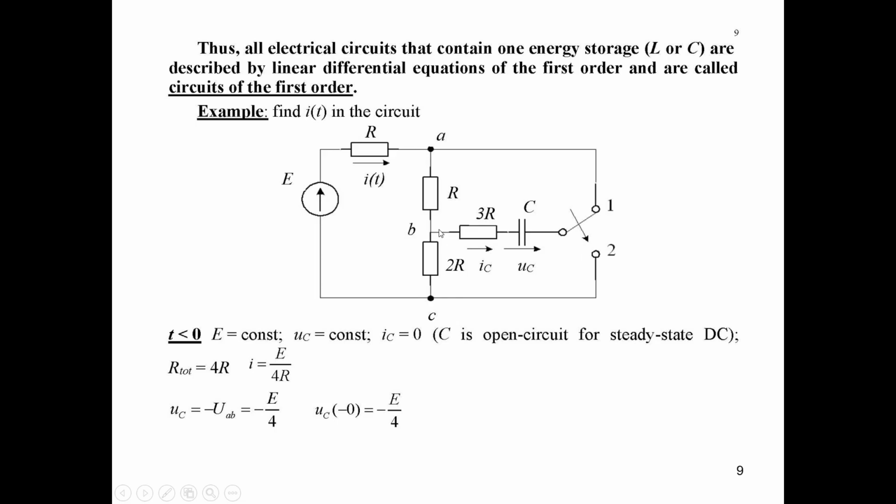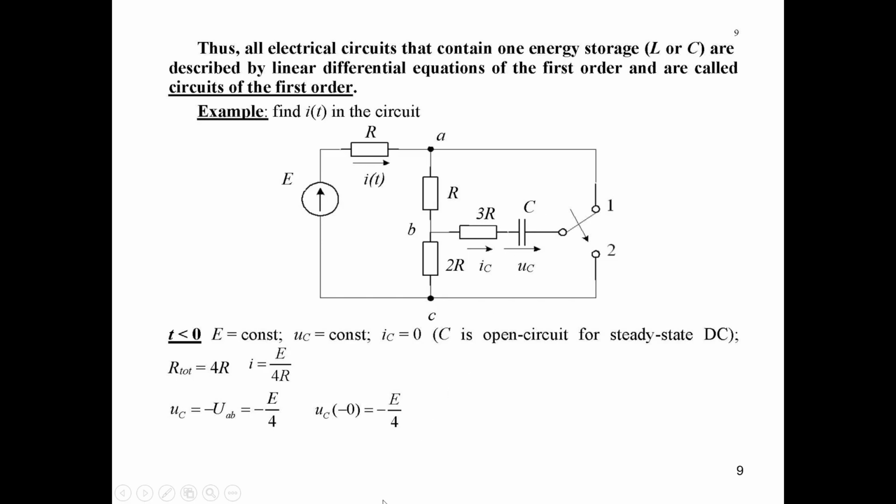We have an RC branch, and before commutation this key was in the first position, and after commutation it will be in the second position. I would like to remind you that here the EMF is designated as a capital letter, so it's a constant DC EMF, and therefore in steady state regimes there will be no current through the branch which connects the capacitance.